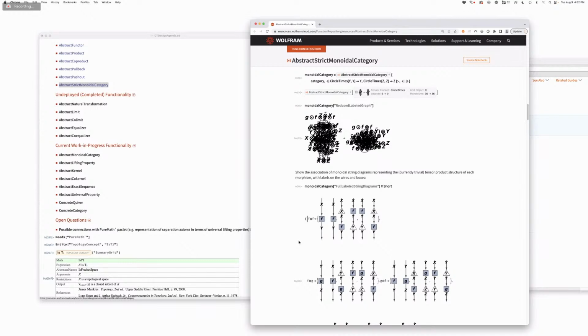Okay. So here you can see, okay, F cross F is a morphism. And then you can see it maps to a list. And this is giving a list of all equivalent ways you could represent that morphism in string diagrams.